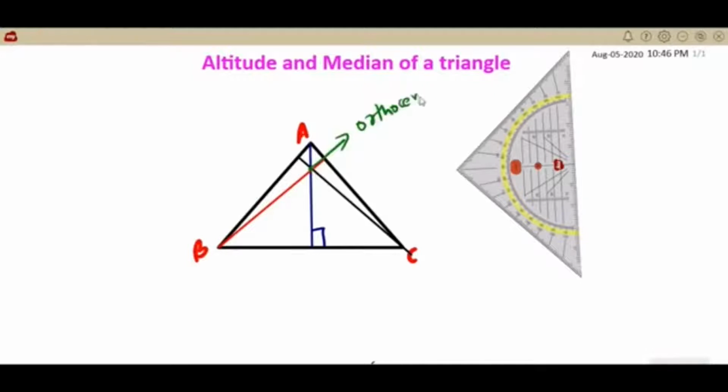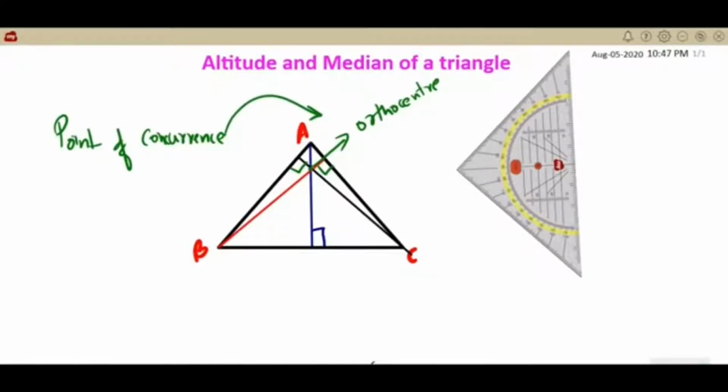When altitudes are drawn for a triangle, all three altitudes will meet at a point, and the point of concurrence, the meeting point, is named the orthocenter. Okay, we call it the orthocenter.